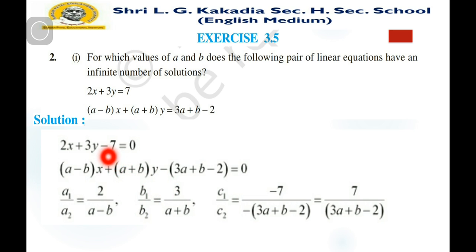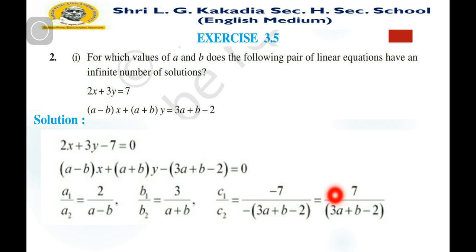Then c1 by c2 is minus 7 by minus (3a plus b minus 2), and finally we get 7 upon (3a plus b minus 2).